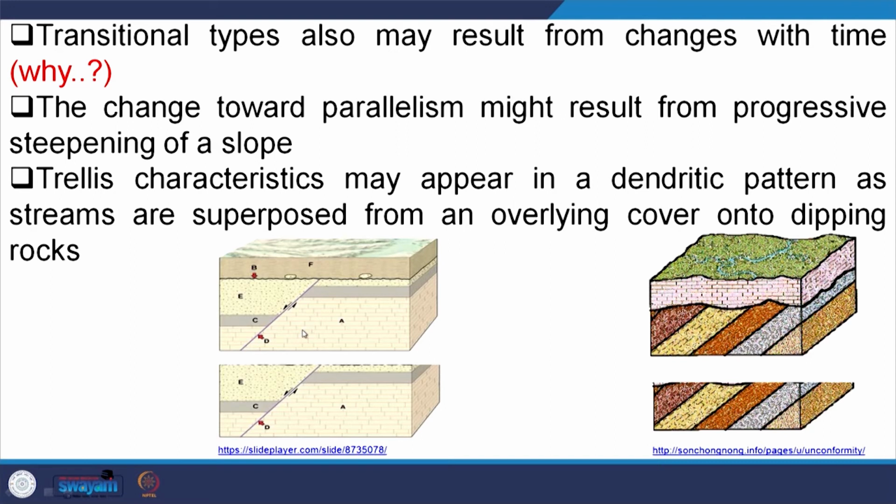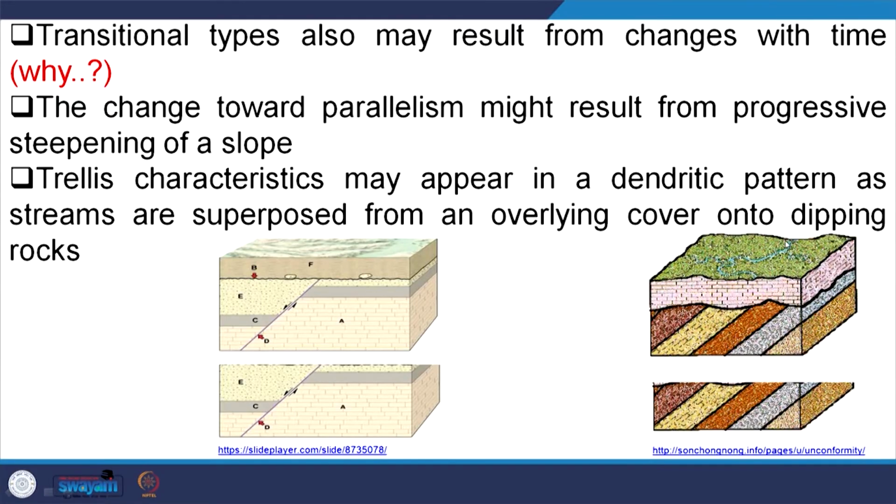For example, here if you see, suppose this fault is growing and a block is uplifting. A drainage pattern which was earlier represented by this dendritic pattern may change, and with time, within this dendritic pattern, we may develop some parallel pattern. This is due to tectonic upliftment, increasing the slope.